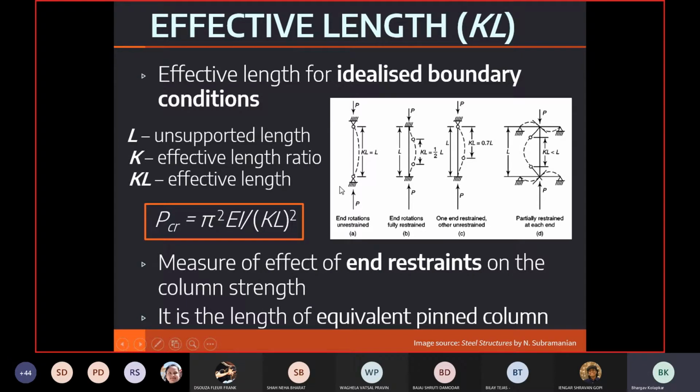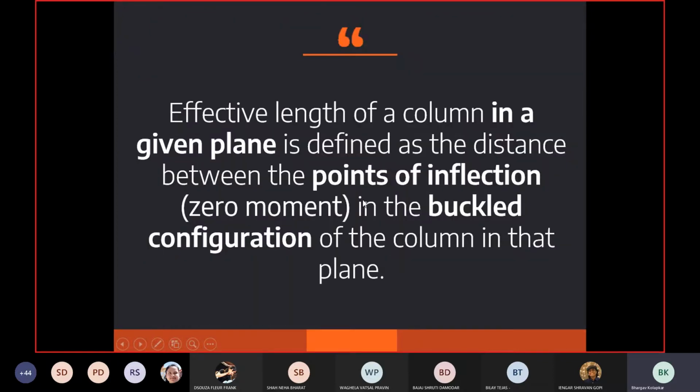Now, in this buckle shape, we observe that there is no moment here and there is no moment here. And the points along the length of the member where the moment is 0 is called a point of inflection. So what this says is you just measure the distance between points of inflection when the column buckles.